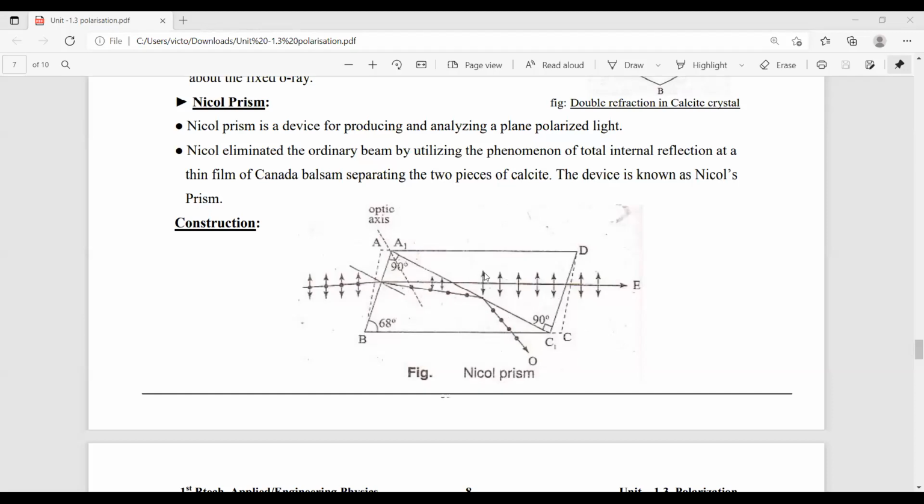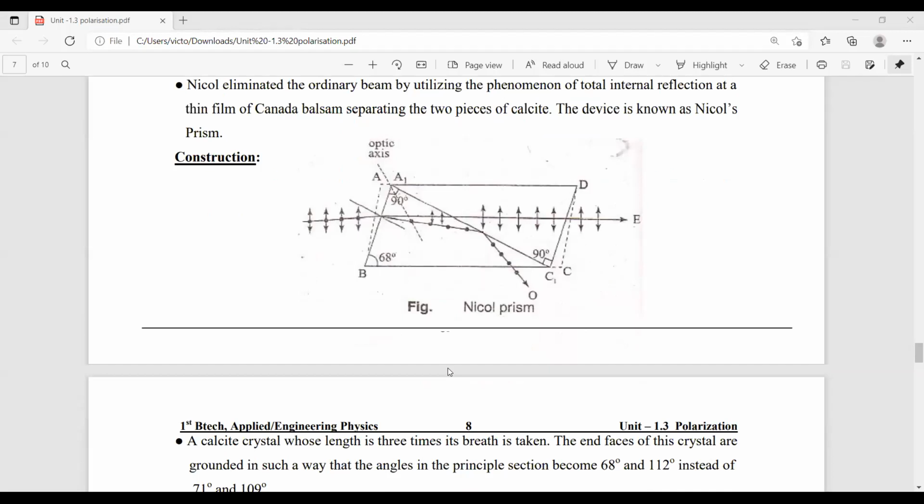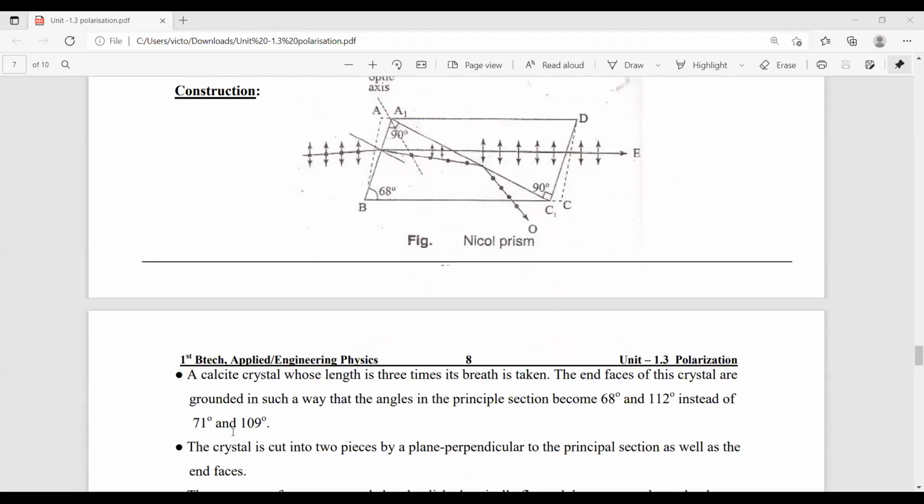The first step is that the end faces are ground, which have angles of 71 degrees and 109 degrees; that means the corner angles are ground to convert them to 68 degrees and 112 degrees.